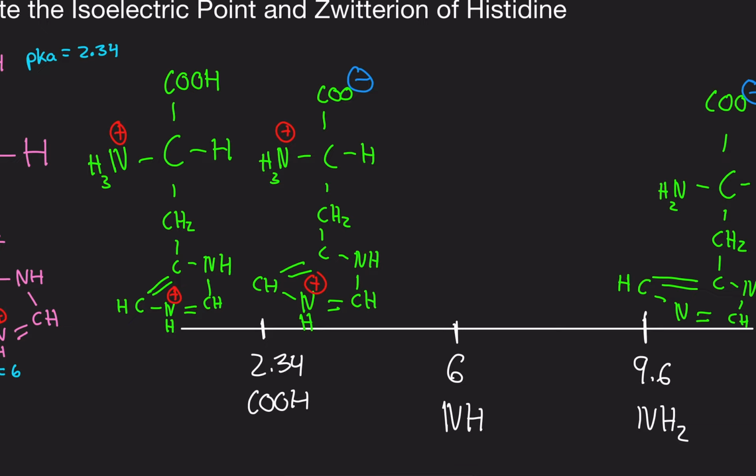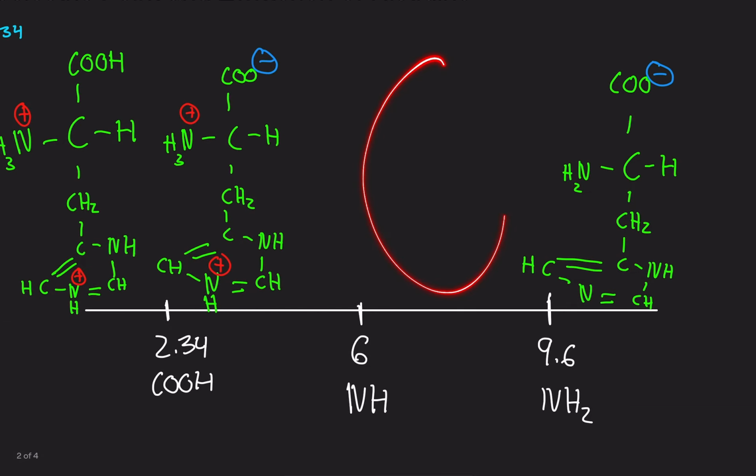Now let's do NH. So we're talking about this section right here. We're crossing that NH boundary now, so that's the only thing we're going to change. We're going to leave everything as it is from the left-hand side, so everything here stays the same except this NH group. So let's do that.